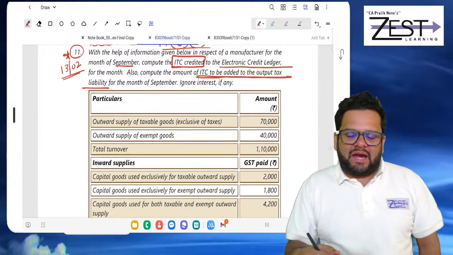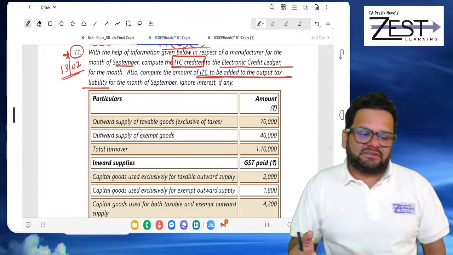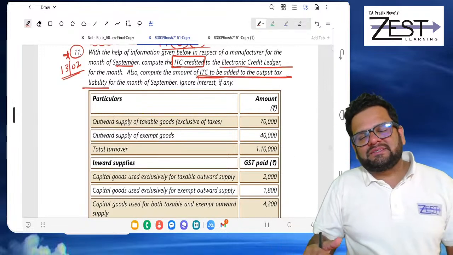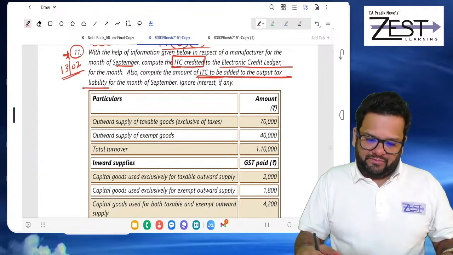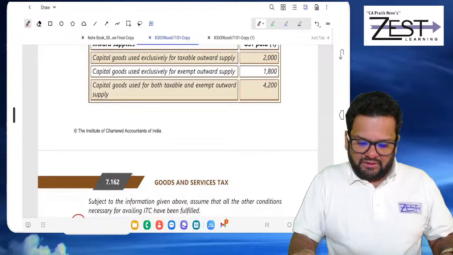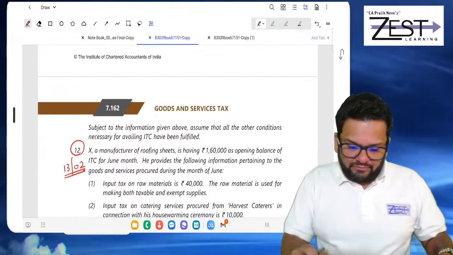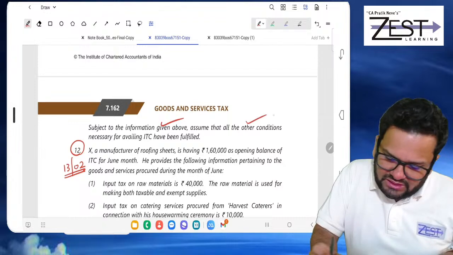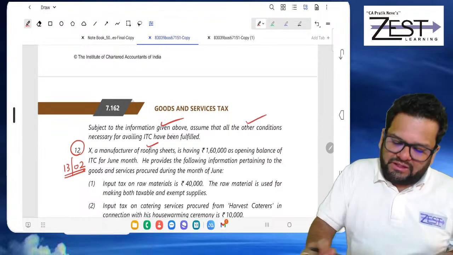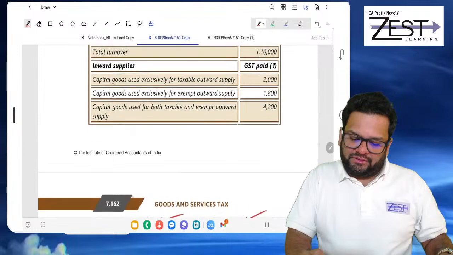So why will you add back ITC to output tax? You will add back ITC to output tax if it is ineligible, isn't it? Subject to information given above, assume that all other conditions necessary for availing ITC have been fulfilled.